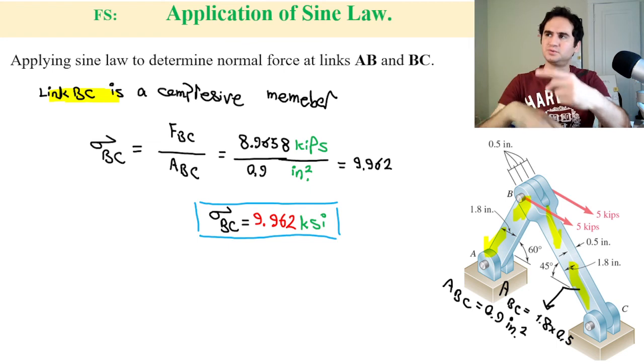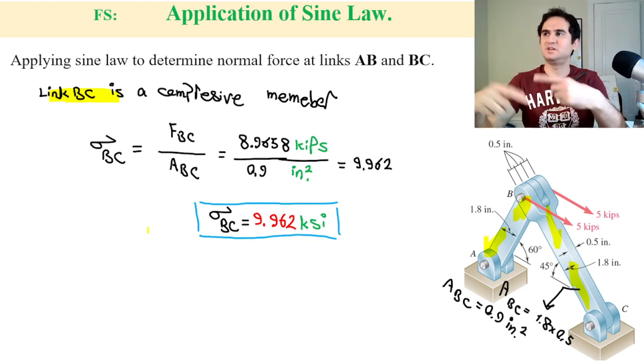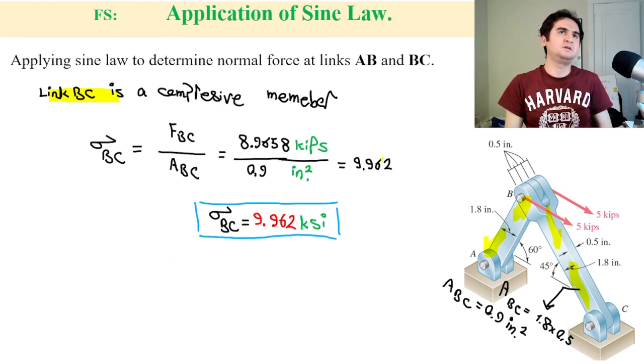You can also get the result with the free body diagram as well. If you don't have the intuition of that, go by drawing, likewise what I did for the previous part, for pin B and link BC to verify that it's a compressive member.